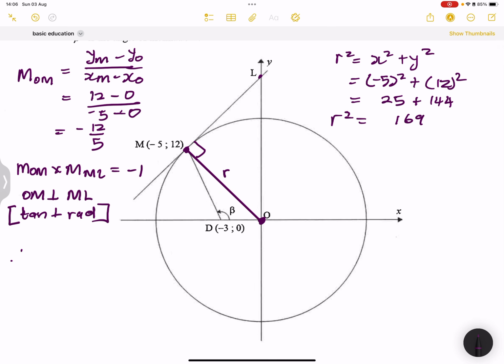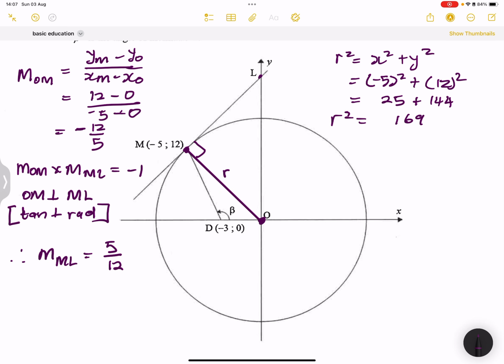Please remember, when two lines are perpendicular, the product of their gradients is -1, but what it essentially means is that the gradient of the one will be the inverse of the other with a different sign. So if OM was -12 over 5, the gradient of ML would be equal to 5 over 12. That's the inverse, and OM had a negative sign, this one would have a positive sign.